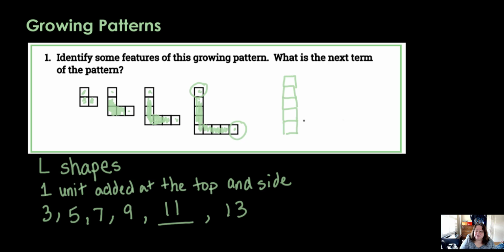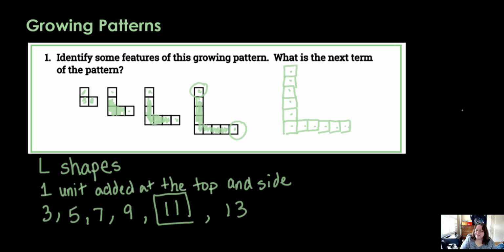Well, in fact, let's just do that on this side too. 1, 2, 3, 4. Now, it's not as pretty as this one, but it does the job. So 1, 2, 3, 4, 1, 2, 3, 4. We're going to add 1 more, adding 1 at the top and 1 at the end. So let's count. 1, 2, 3, 4, 5, 6, 7, 8, 9, 10, 11. So this is our next term.